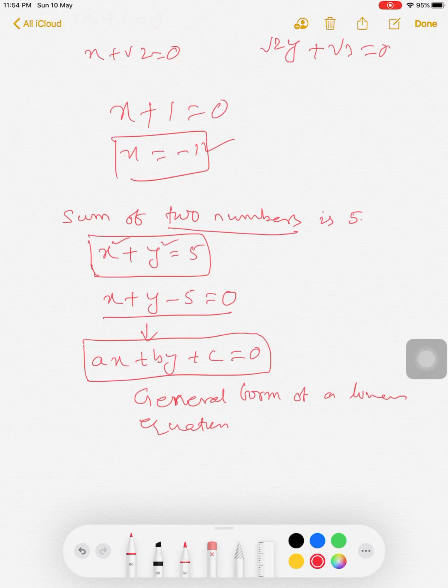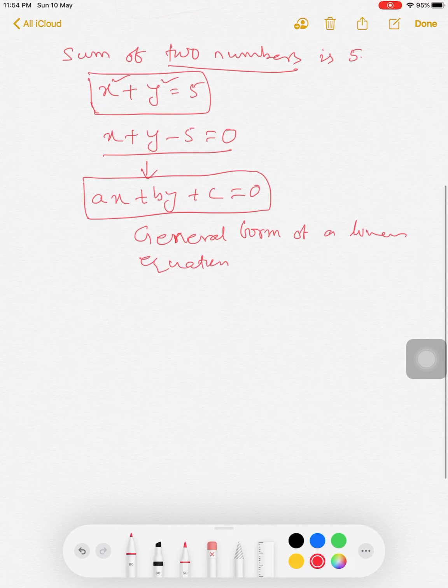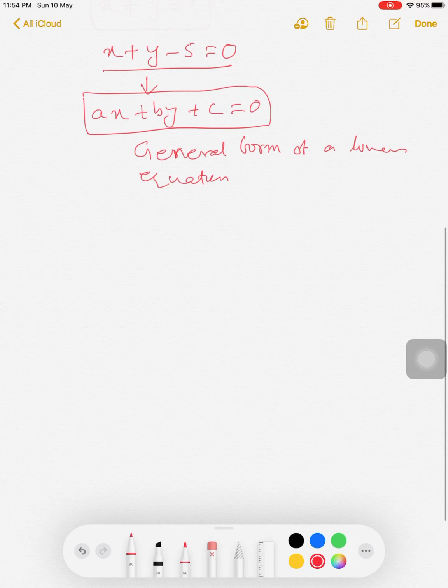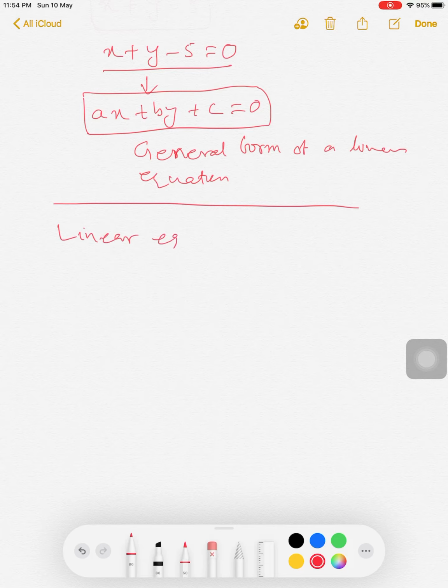Okay, now we shall define what is a linear equation in two variables.